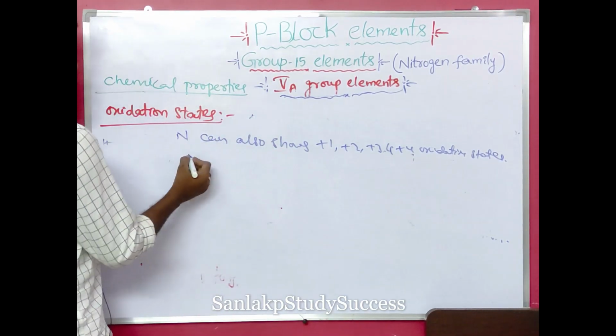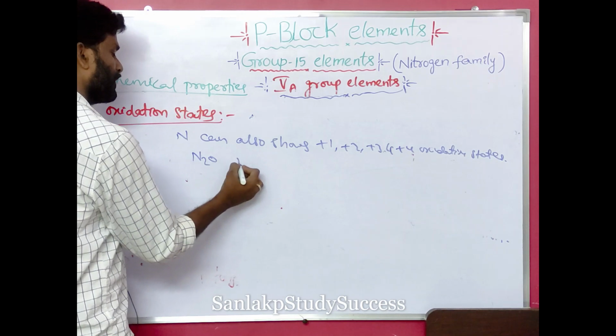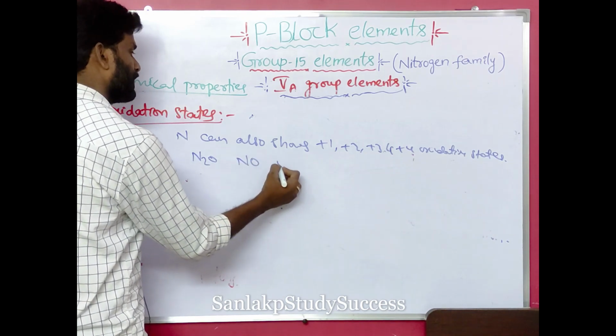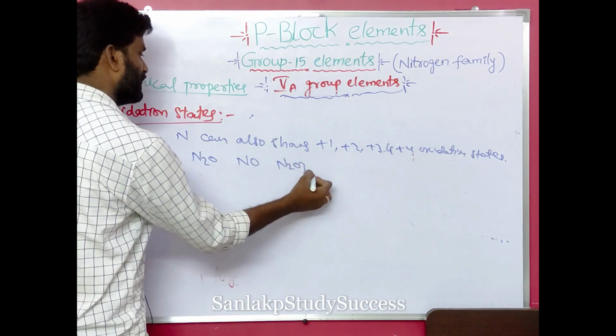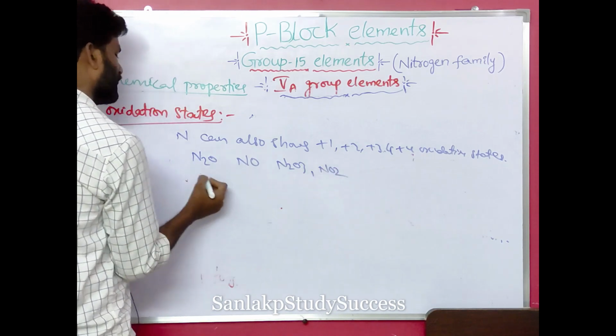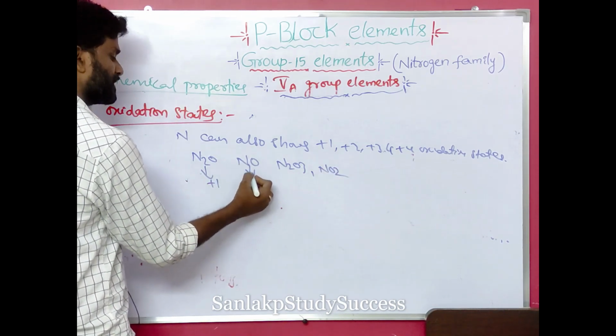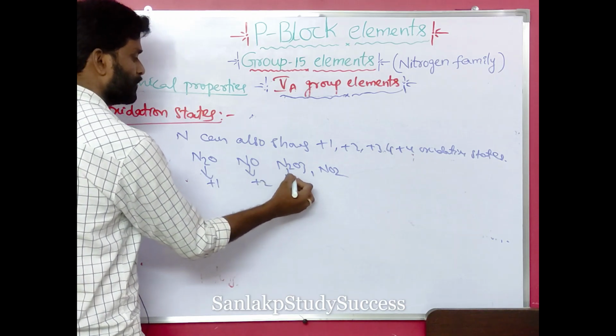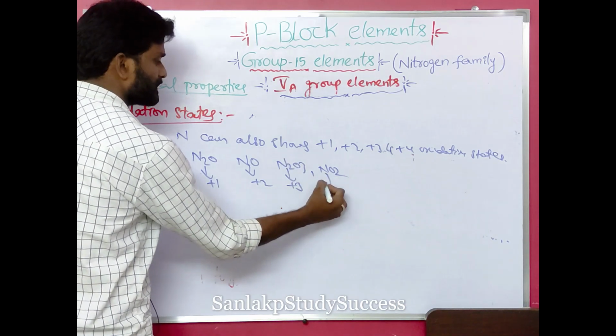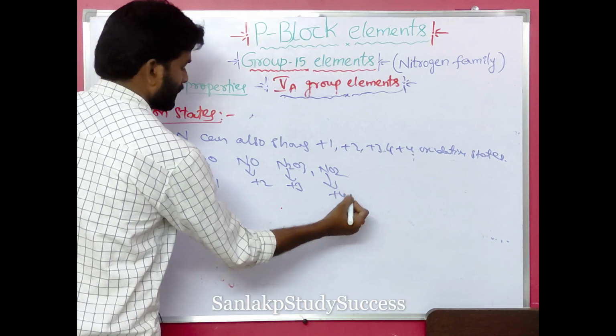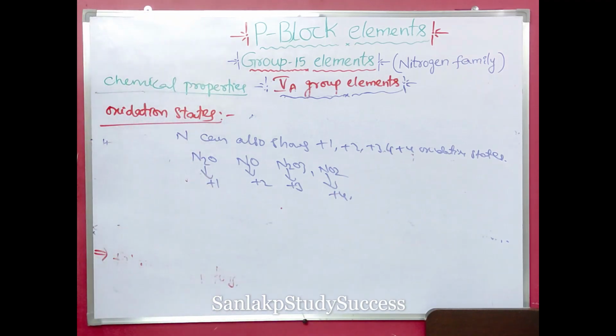Examples: N2O, NO, N2O3, NO2. In N2O, what is the oxidation state? Plus 1. In NO, what is the oxidation state of N? Plus 2. In N2O3, what is the oxidation state of nitrogen? Plus 3. In NO2, plus 4. So these are some more oxidation states of nitrogen.